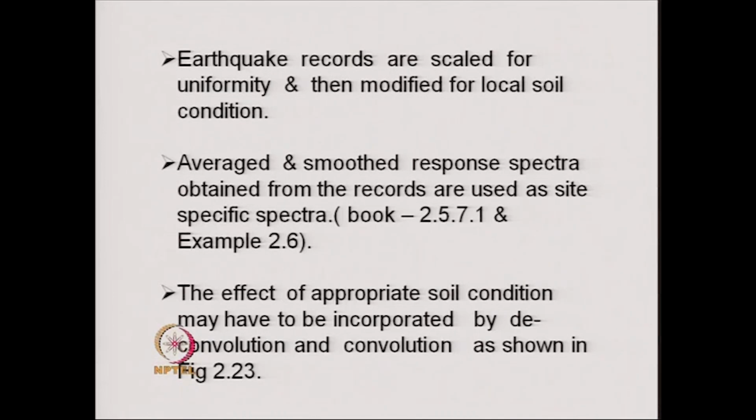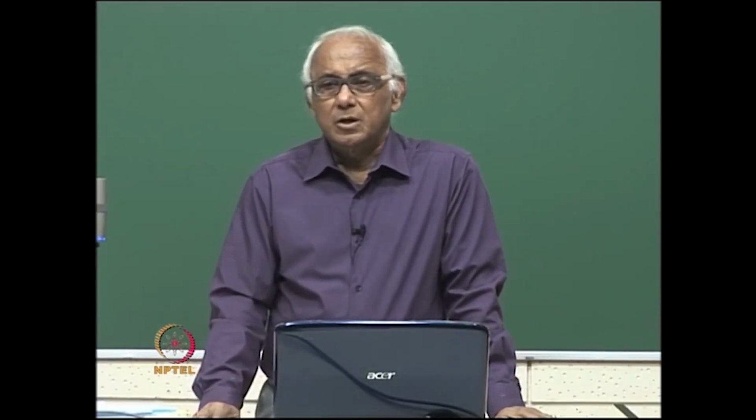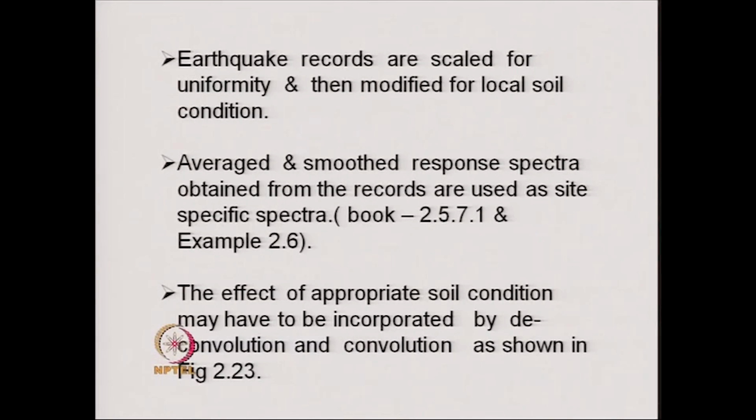After the earthquake records have been scaled properly and modified for the local soil condition, a response spectrum corresponding to each one of those modified records of the ground motions is obtained, and these response spectrums are then averaged and smoothened in order to obtain the site specific spectrum.